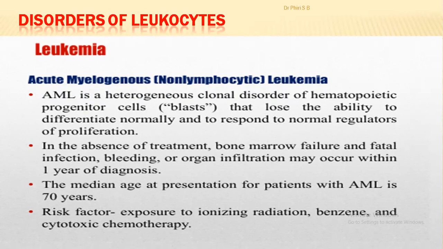So in the absence of treatment, bone marrow failure, fatal infections, bleeding, and organ infiltration may occur within 1 year of diagnosis. So it's very severe as compared to the acute lymphocytic or lymphoblastic. The median age at presentation for patients with acute myelogenous leukemia is about 70 years, so the elderly are the ones that are affected.